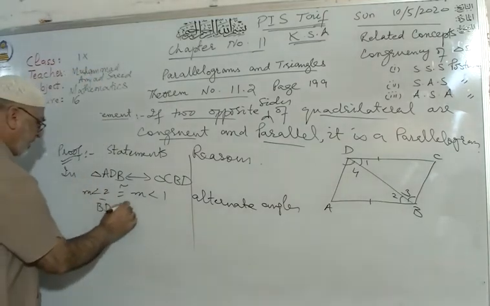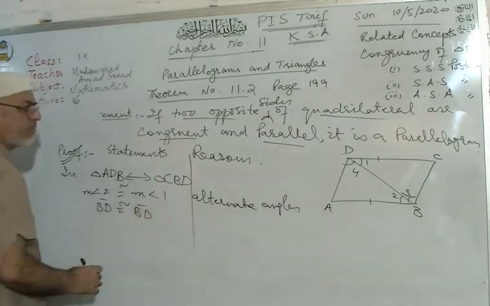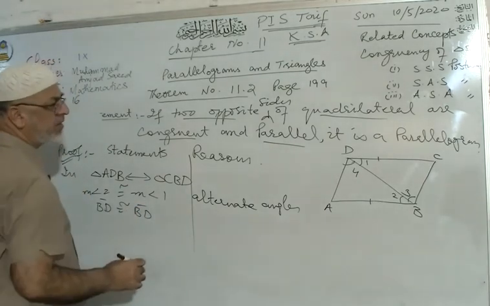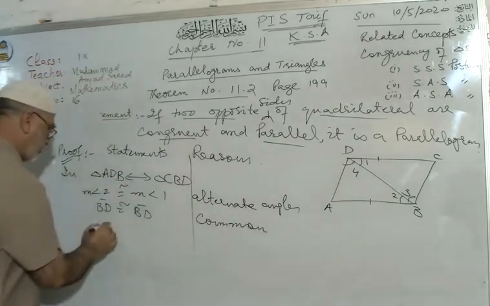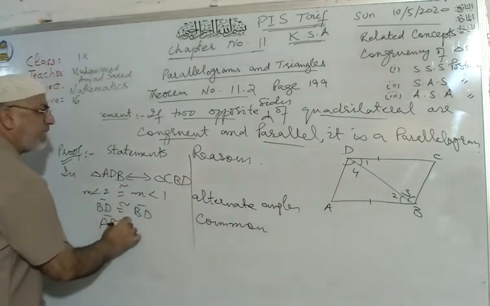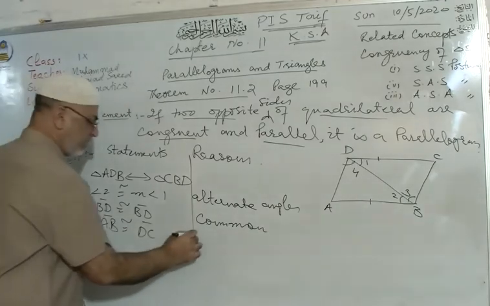BD is congruent to BD, common. And AB is congruent to DC, given.